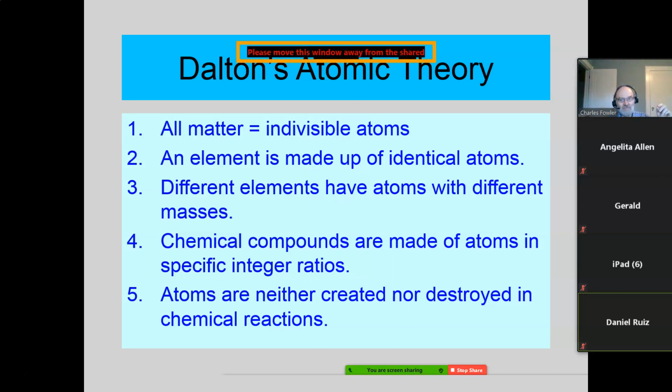Now, much later on, way past Dalton's time, we finally have nuclear reactions. Those are different from chemical reactions. Atoms are, I guess you would say, destroyed in nuclear reactions, and others are created, but the material product is still there. We're not going to get into that now. In chemical reactions, atoms are neither created nor destroyed.